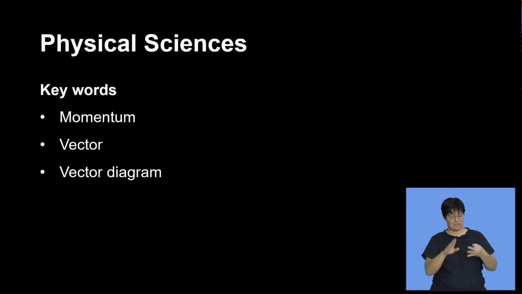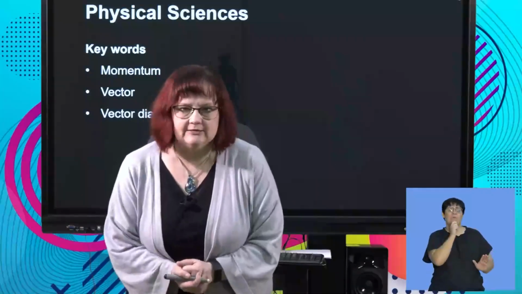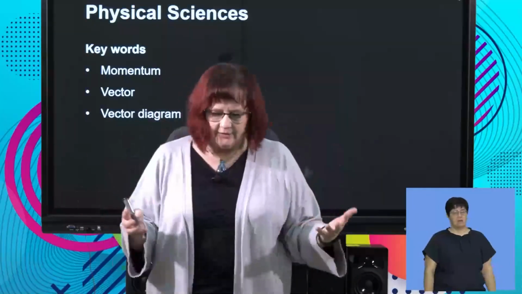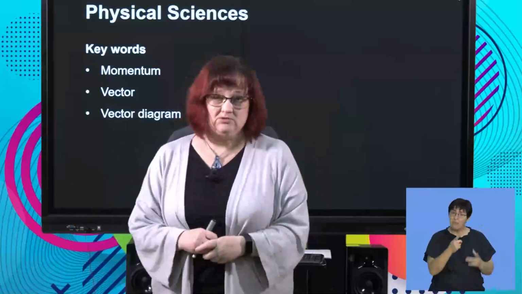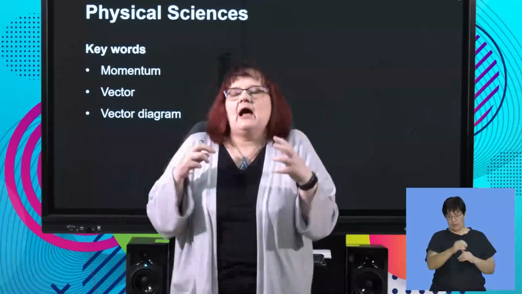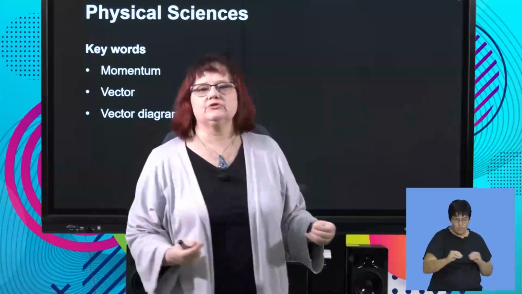Then we're going to look at vector diagrams with momentum. I can hear the groans again, okay? Vector diagrams are incredibly useful for us. So please don't go, well, I'm not in grade 11 anymore. Vectors are very important, okay, because they help us understand how the motion works, okay?